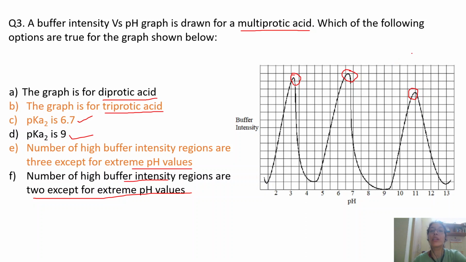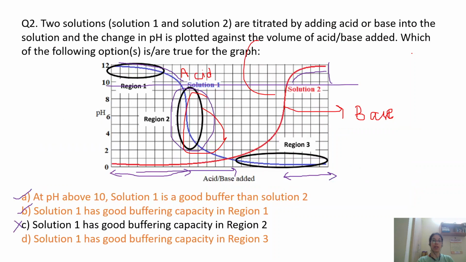So what is the position of high buffer intensity? Where pH is equal to pKa. Those are the regions where the buffer intensity was very high. In this question also, where pH is equal to pKa, we will get high buffer intensity.